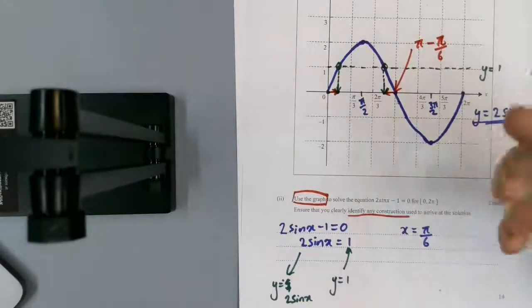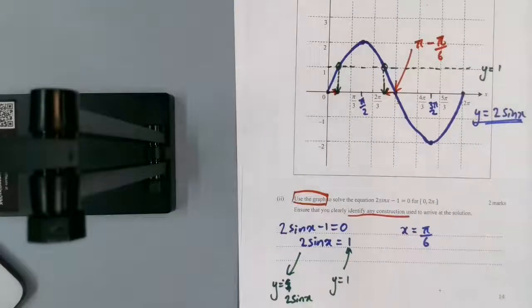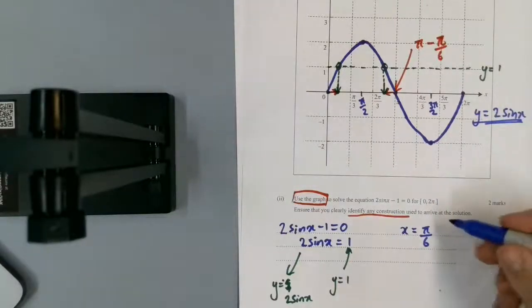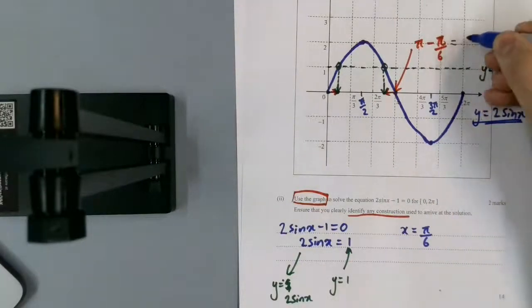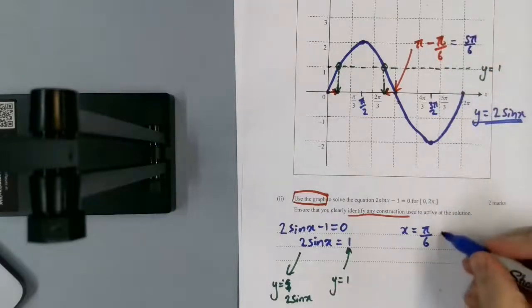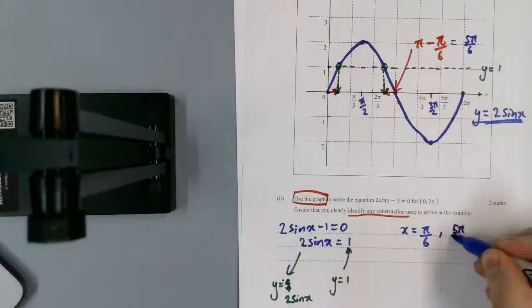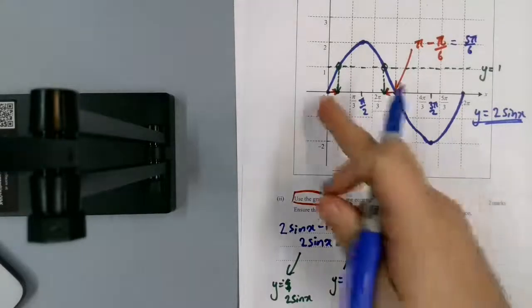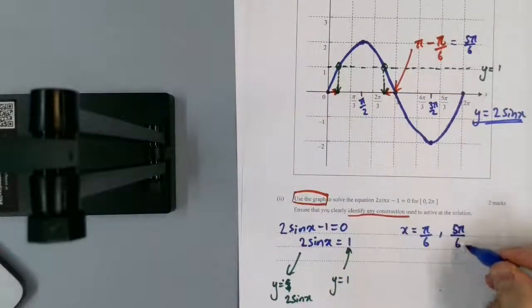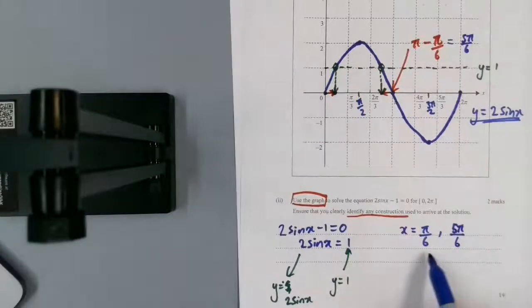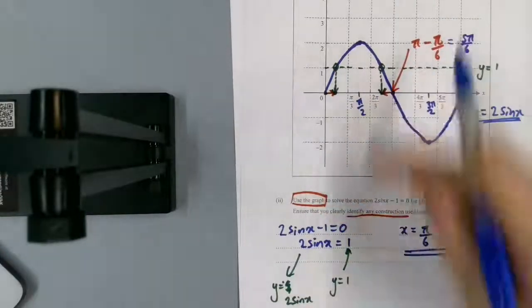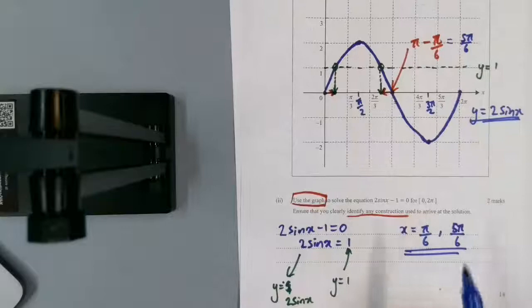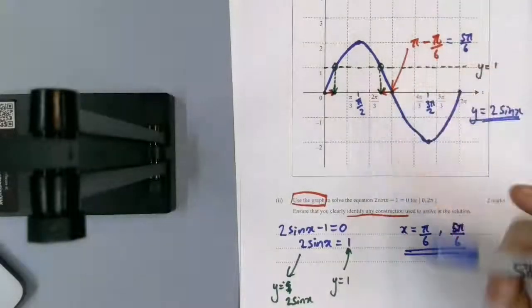That would be the easiest way that I would suggest. Now, that means for your second solution, if you simplify this, that's just going to give you 5 pi on 6. So your second solution occurring in the range of 0 to 2 pi is 5 pi on 6. That is how you use your graph from a previous question to graphically solve this particular equation.